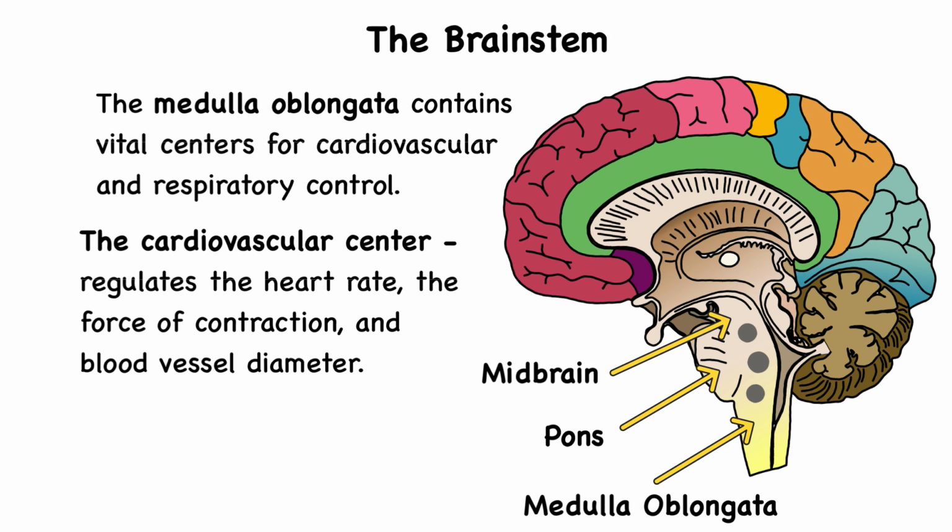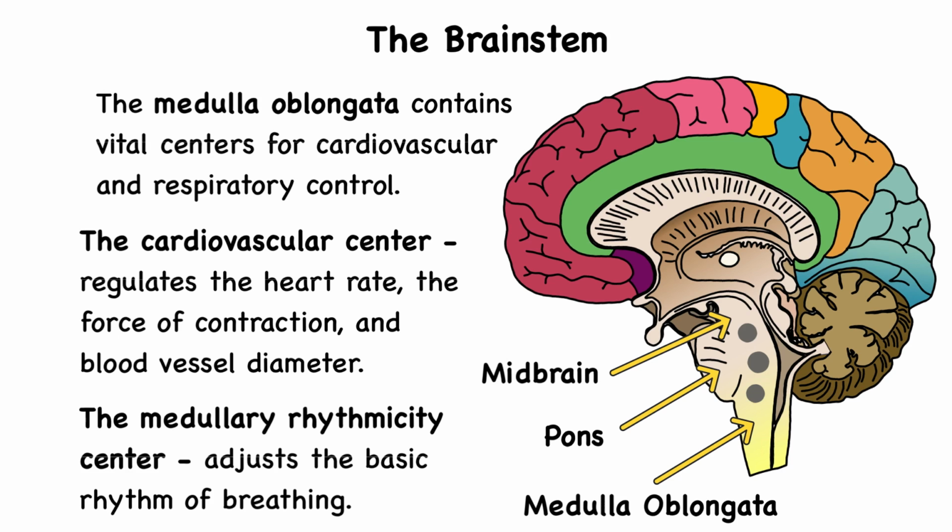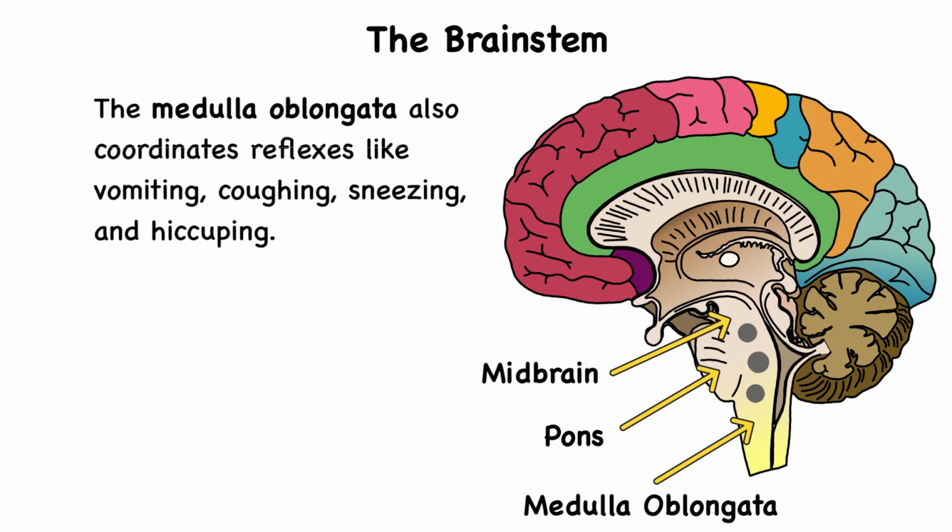The cardiovascular center regulates the heart rate, the force of contraction, and blood vessel diameter. The medullary rhythmicity center adjusts the basic rhythm of breathing. The medulla oblongata also coordinates reflexes like vomiting, coughing, sneezing, and hiccuping.